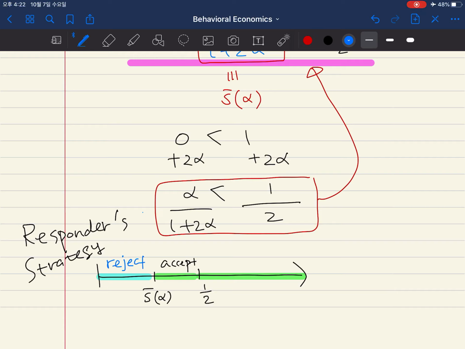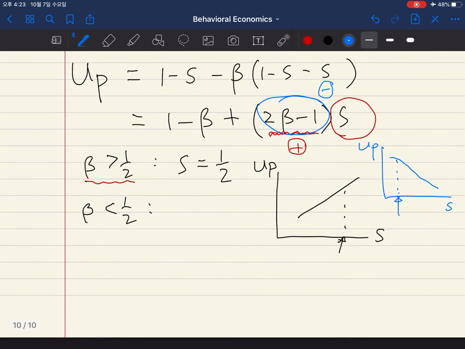So that means proposer is going to propose exactly this value of share. Because otherwise, if proposer lowers the offer, then responder is gonna reject right away. So the lowest possible value of share that proposer can offer to responder is S upper bar.